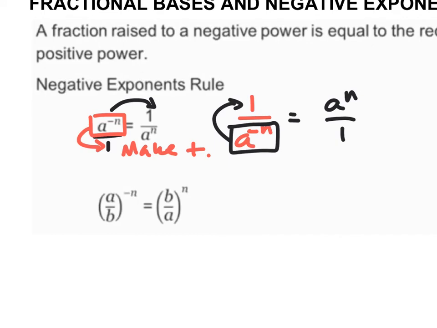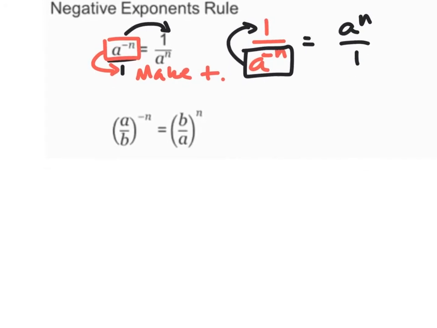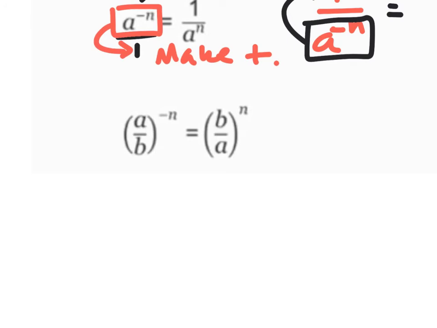So because of that, what I can do is this. If you think about a fraction, remember our rules about fractions: we can take the numerator raised to the power and the denominator raised to that power. So I have a to the negative n over b to the negative n.